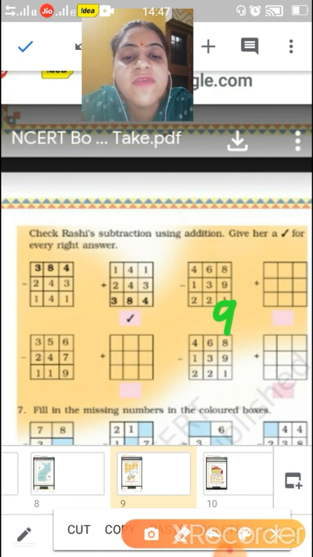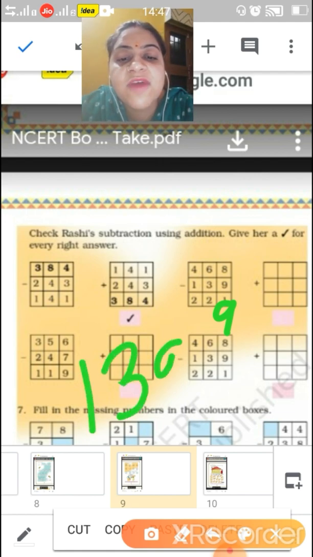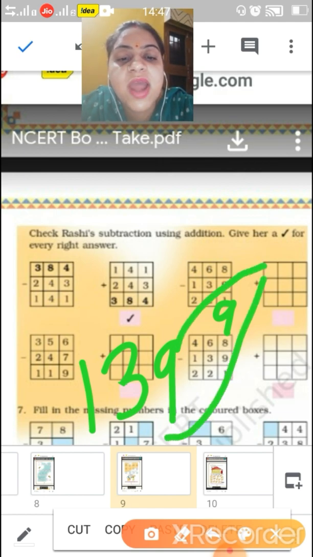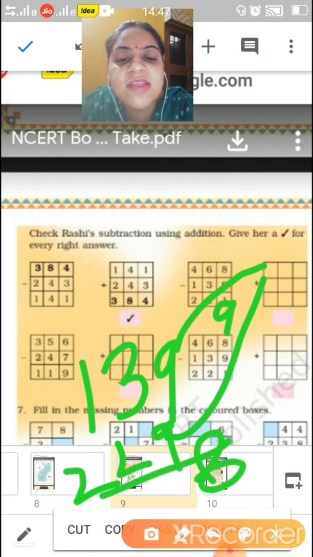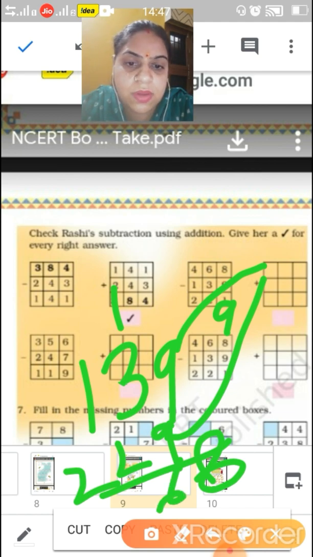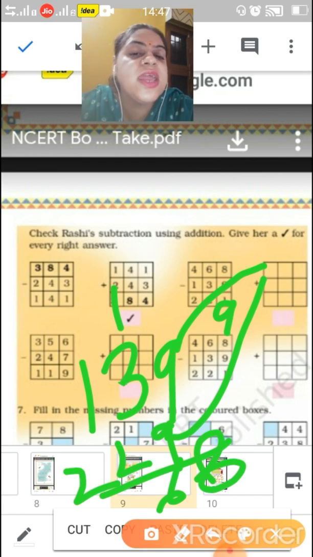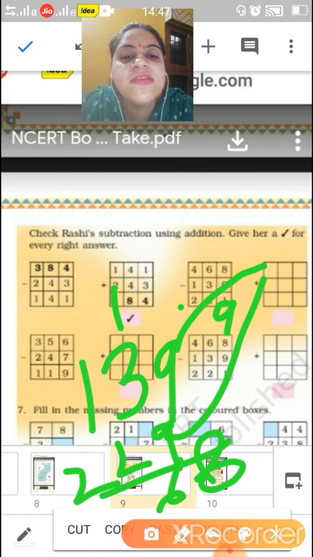So now what we are going to do, we will write in one box 139, in the second box we will write 229. So when we are adding this, 9 and 9, 18, 3, 4, 5, 6 and 5, 6. Now here they are getting 4 minus 1, 4 minus 1 is 3.